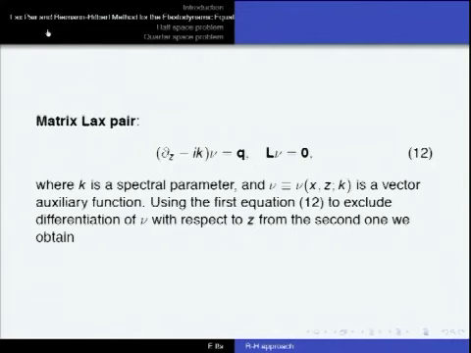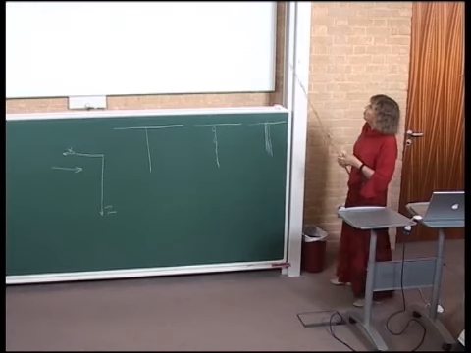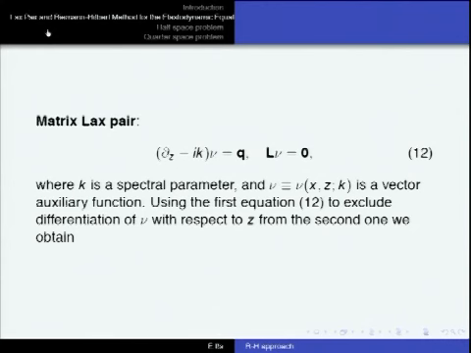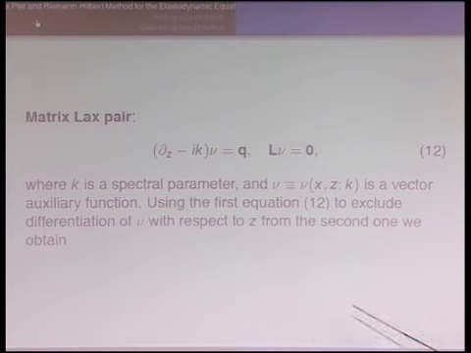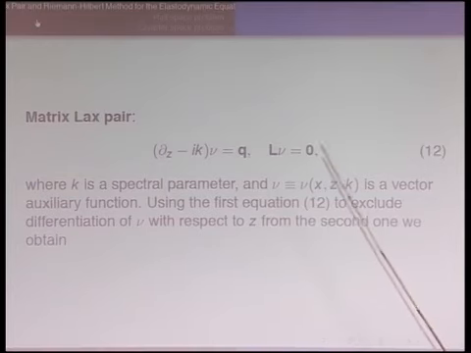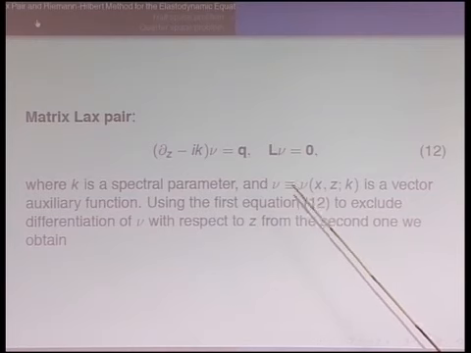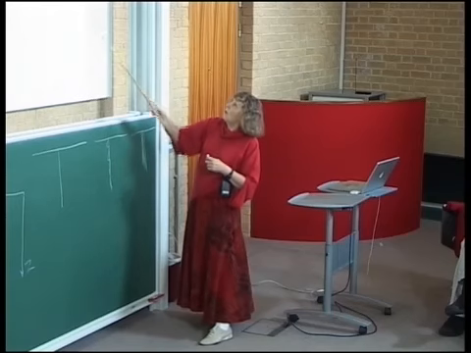First, because the equation is linear, there is a simple way, which was shown by Thanasis, how to write the Lax pair. The Lax pair, again, I forgot to mention that, was the system of those linear ODEs, which I described before. So we write the Lax pair in this way, and then in this case, our Lax pair is a matrix Lax pair, and we have a matrix auxiliary function.